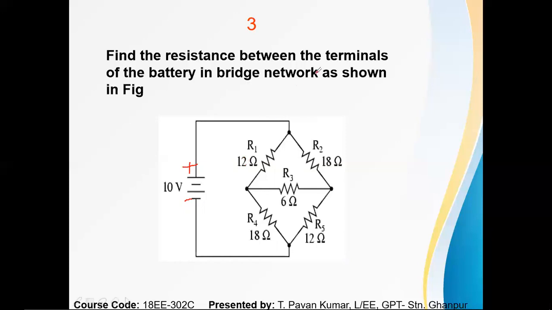Find the resistance between the terminals of the battery. This is one terminal, A, and this is the other terminal, B. So how much resistance is there between A and B? Your job is to find the complete resistance between the A and B terminals. Let me move to the next slide and see the solution.